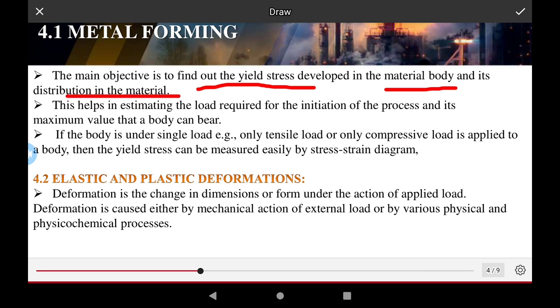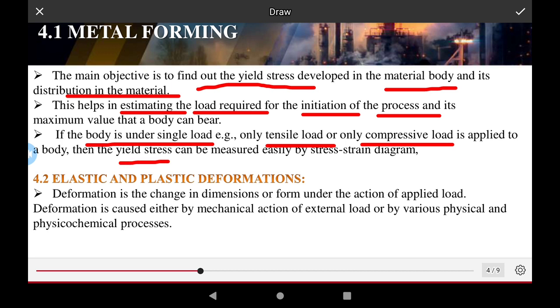This helps in estimating the load required for the initiation of the process and the maximum value that a body can bear, if the body is under a single load, for example only a compressive load applied to the body.